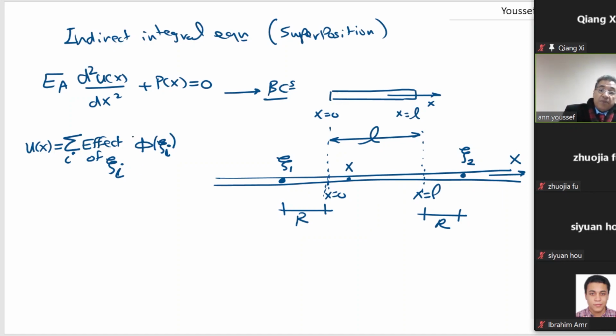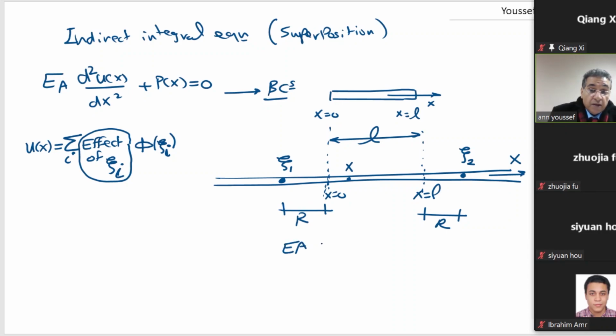Now I have the summation over xi1 and xi2 for the effect of xi times the intensity at xi. The effect of xi is the effect of a unit source, a unit load, in the infinite beam. That means I can solve this equation.